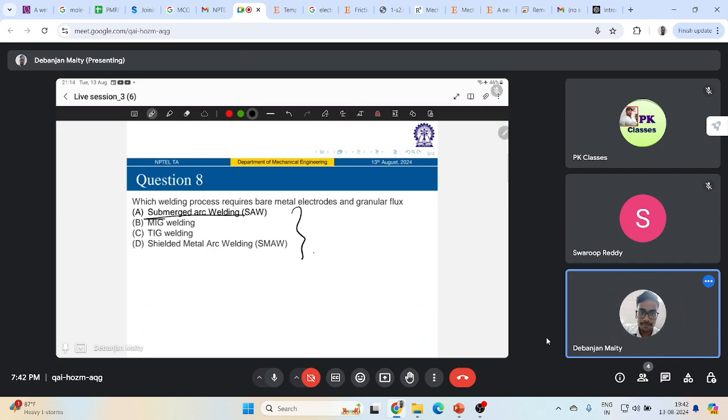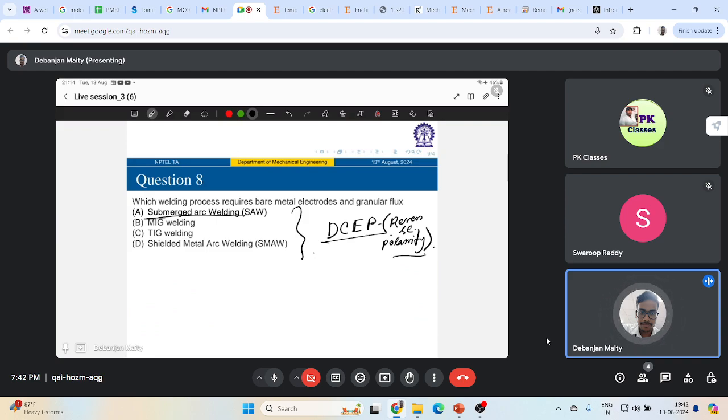And most often used is electrode positive, which is reverse polarity. Because you are using a consumable electrode, you are using reverse polarity, right? So what are the advantages and disadvantages? The protecting and refining action of the slag will help in producing a clean weld in submerged arc welding.